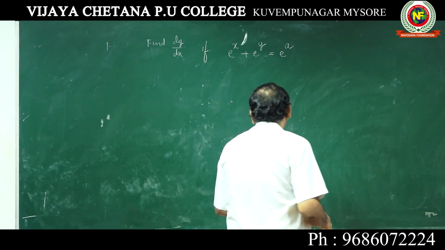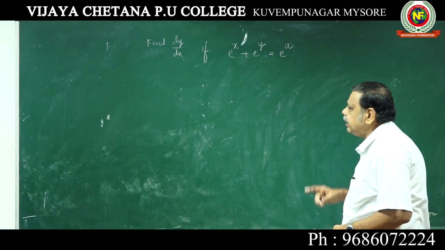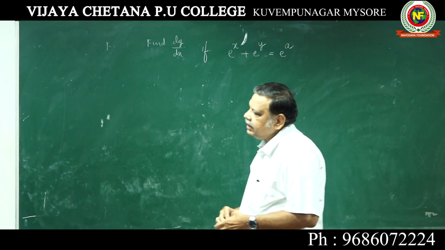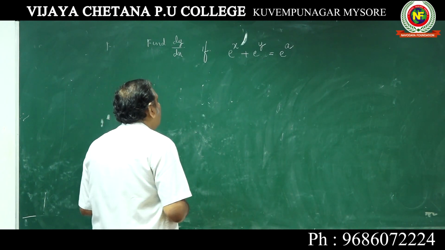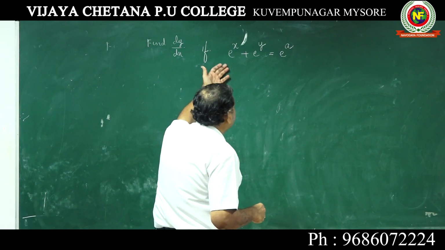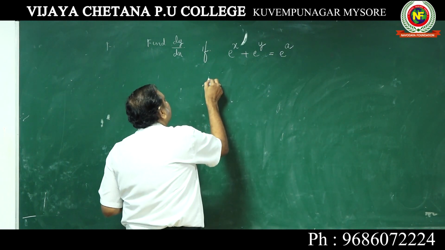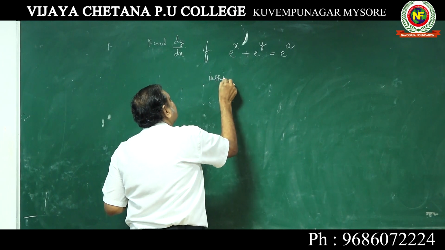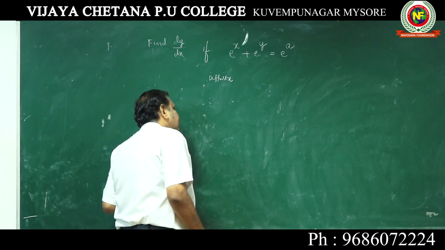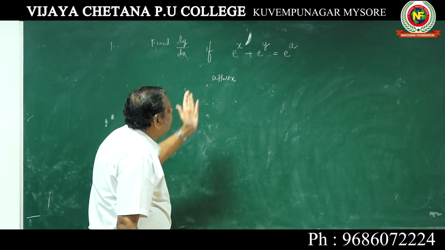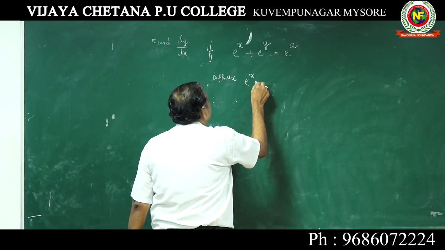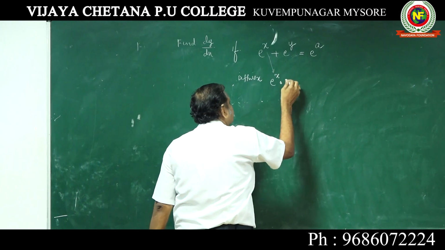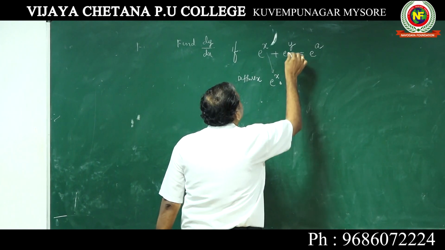And of course this problem is not there in your textbook, but the problem is important for CET. CET and NEET examination, such things will be asked. All competitive examinations will ask this question. Now differentiate with respect to x, because this question they may not ask in board, but in CET they may ask. e power x into differential quotient of e power x is e power x only, plus e power y.